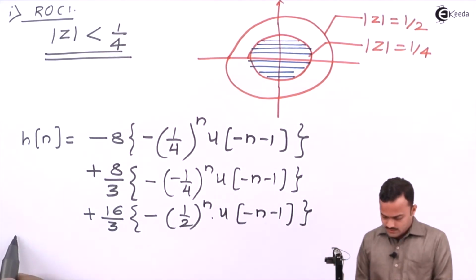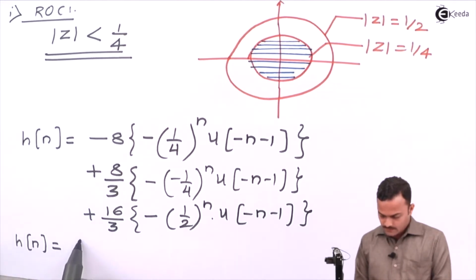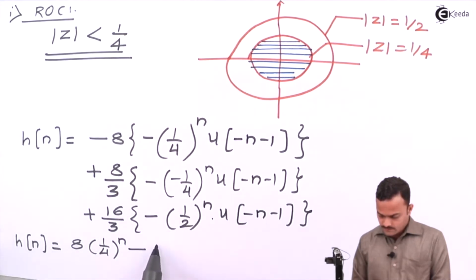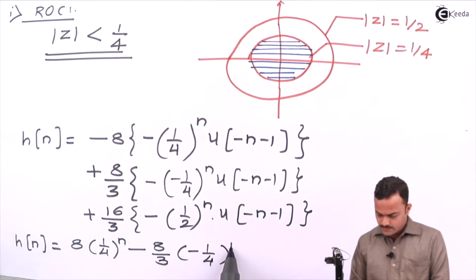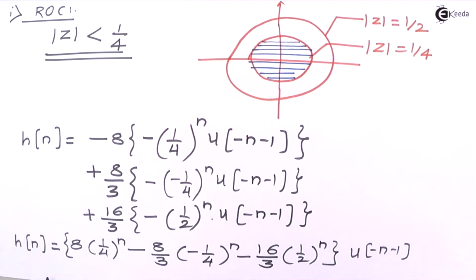A small simplification will give you a final answer as 8 into 1 by 4 raised to n minus 8 by 3 into minus 1 by 4 raised to n minus 16 by 3 into 1 by 2 raised to n, whole multiplied by u of minus n minus 1.